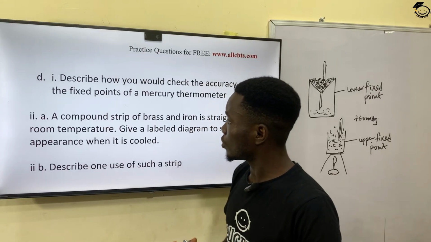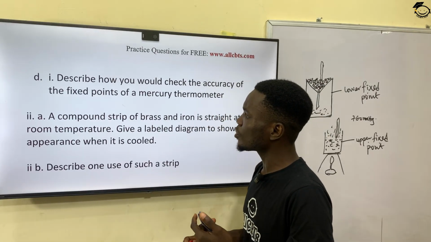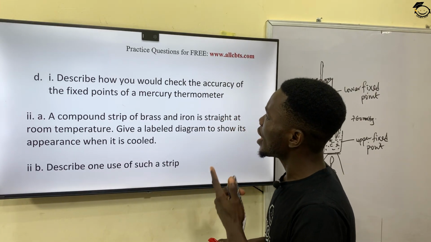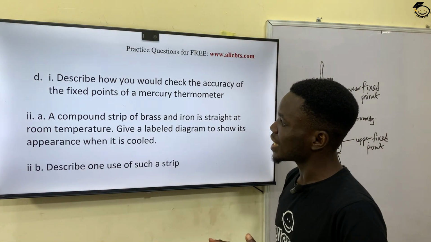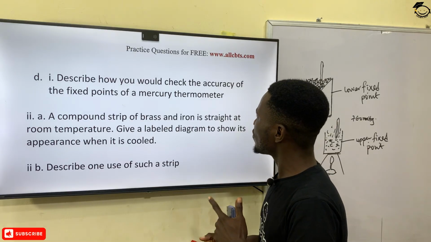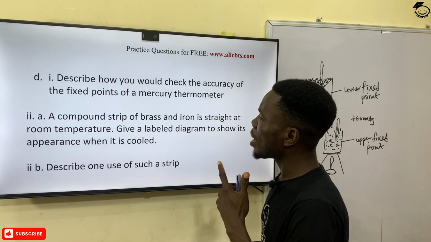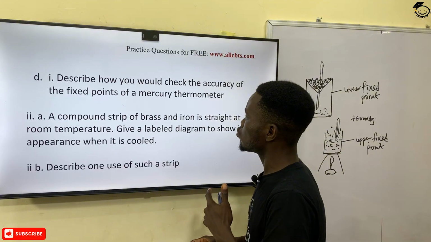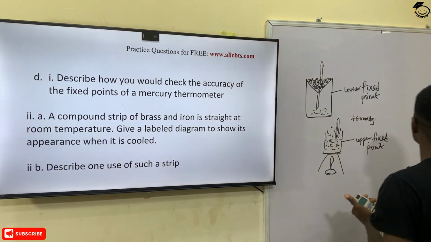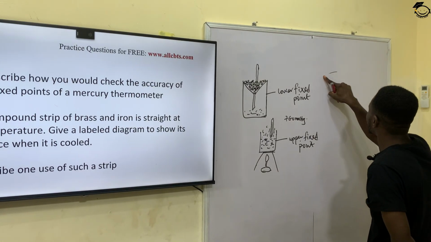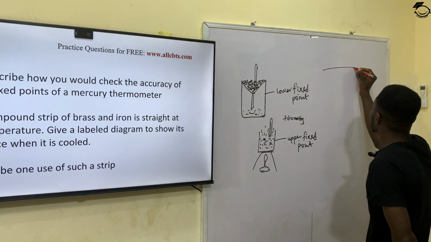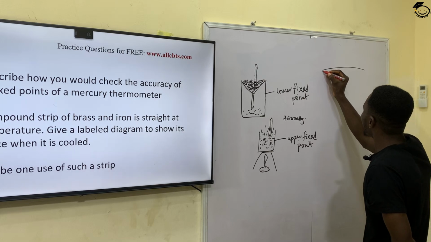Moving on to the next question, remember we got 2, it says, a compound strip of brass and iron is straight at room temperature. Give a labelled diagram to show its appearance when it is cooled. So when it is cooled, you discover that it will bend this way.